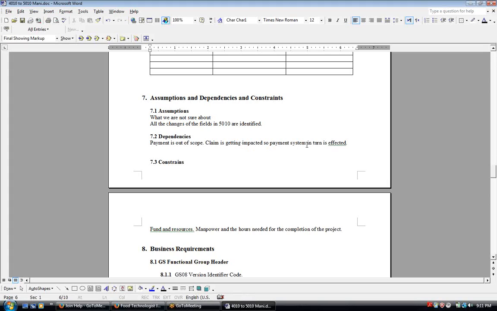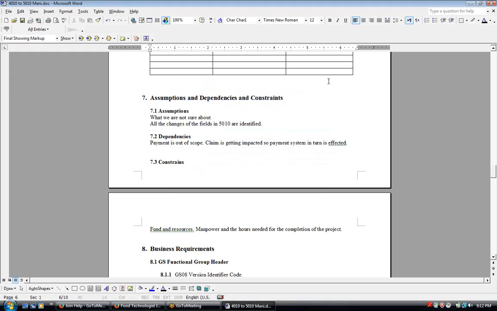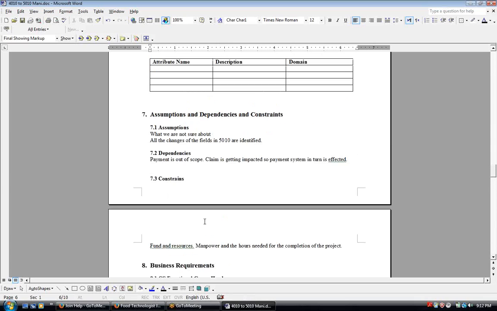The constraint is that I did not set a timeline. The constraint can be whether I can finish the project within a given amount of time, so that might be one of the constraints. But for that, I should have set up a timeline for my project.